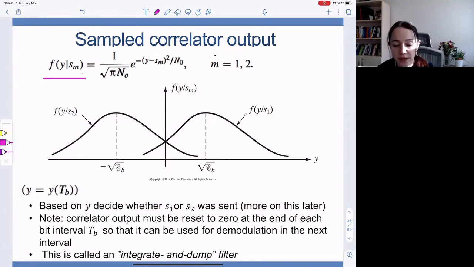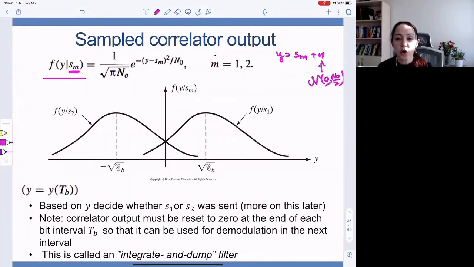So in general, if Sm is sent, what is the conditional density of the correlator output y? Okay, so notice that y is Sm plus the noise. And this noise is Gaussian with mean 0, variance N0 over 2.